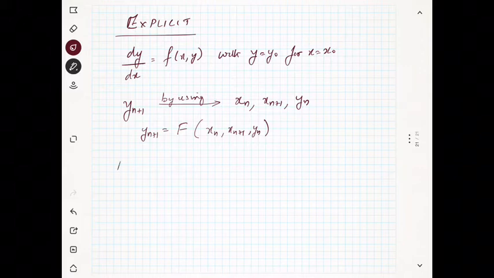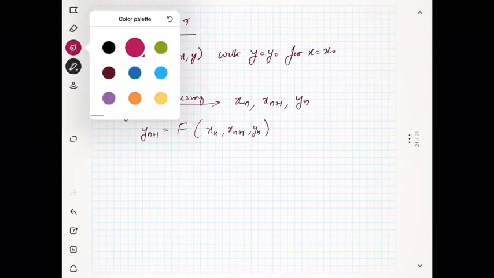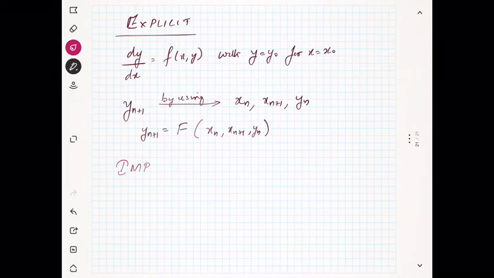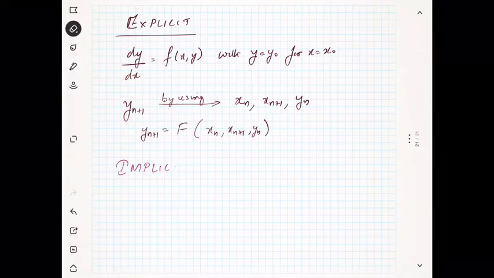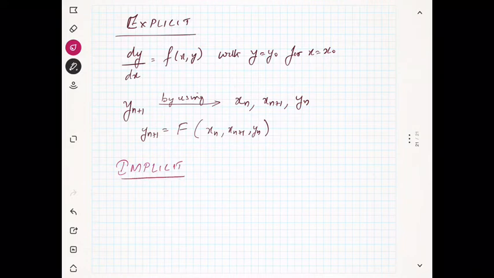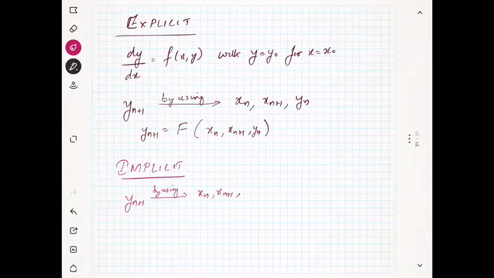And something known as the implicit method is also there. Here we will be calculating yn plus 1 by using our xn plus 1 and also yn plus 1. How is this possible? yn plus 1 is calculated by using yn plus 1.